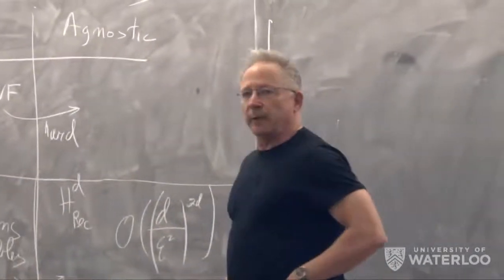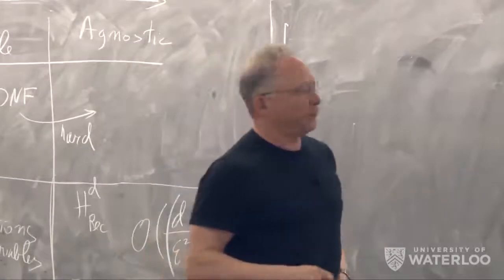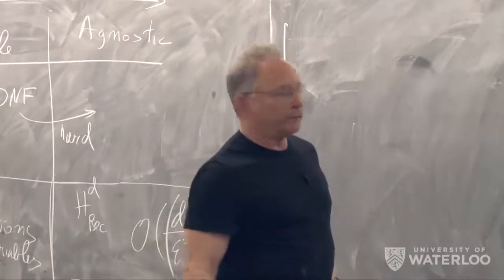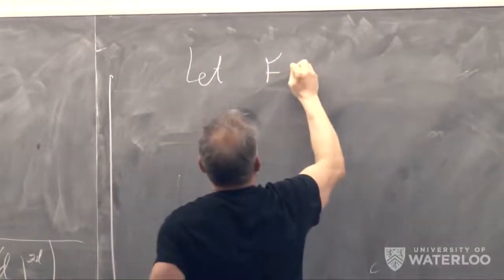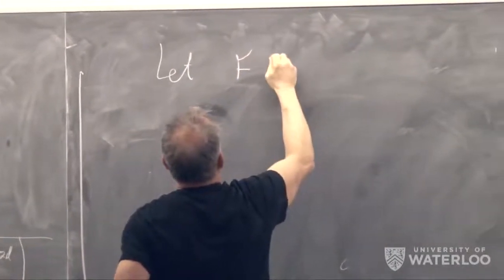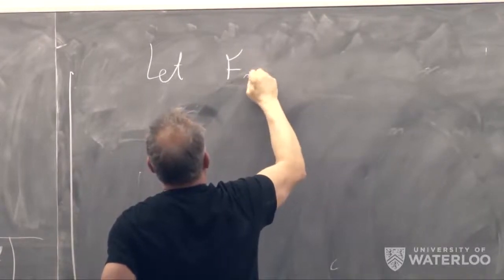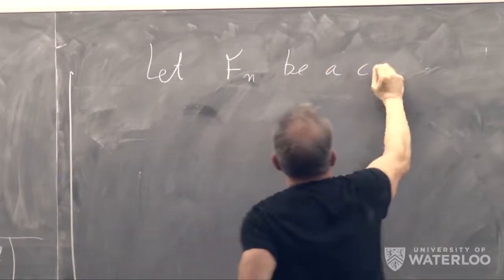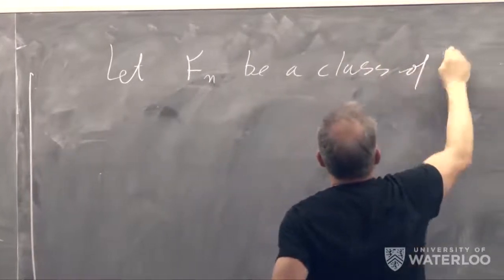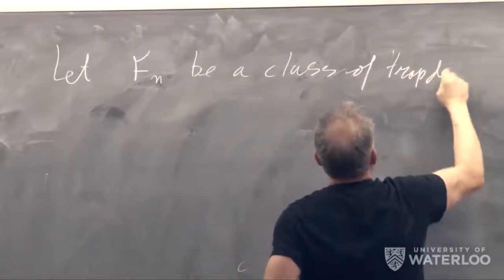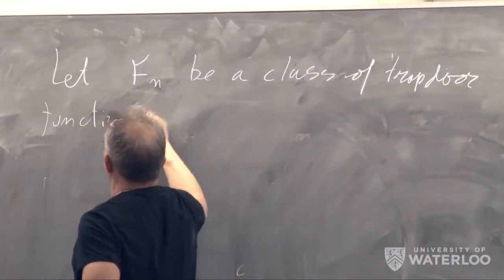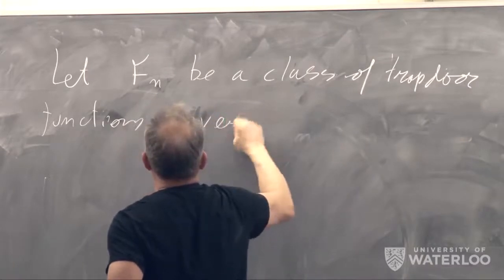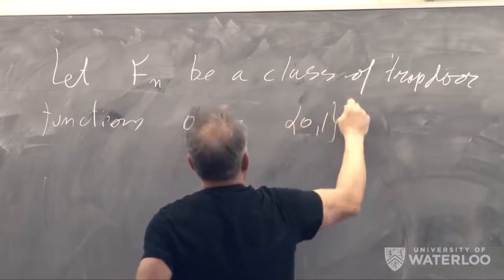So we can consider, if I have a class of trapdoor functions, so let f, say, fn be a class of trapdoor functions over 0, 1 to the n.